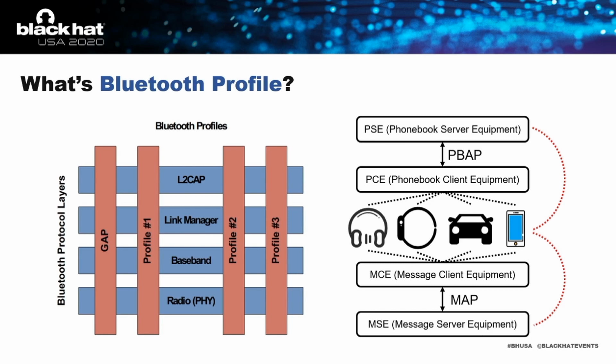MAP also defines two roles, MSE and MCE, which are similar to PSE and PCE, but for short messages. Besides, devices with strong functions, such as Android phones, can simultaneously play as a server or a client.